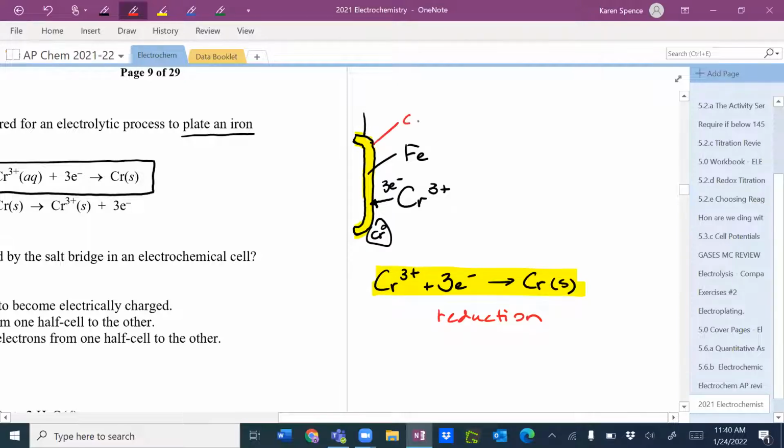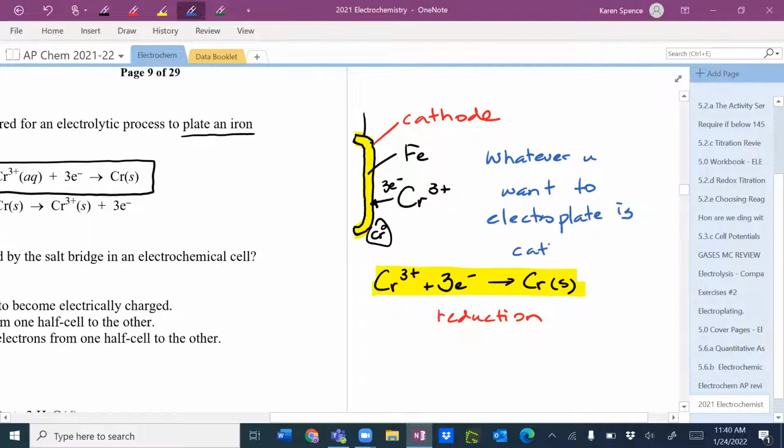So that's the cathode. In an electrolytic cell, anytime you want to electroplate something, whatever you want to electroplate is the cathode.